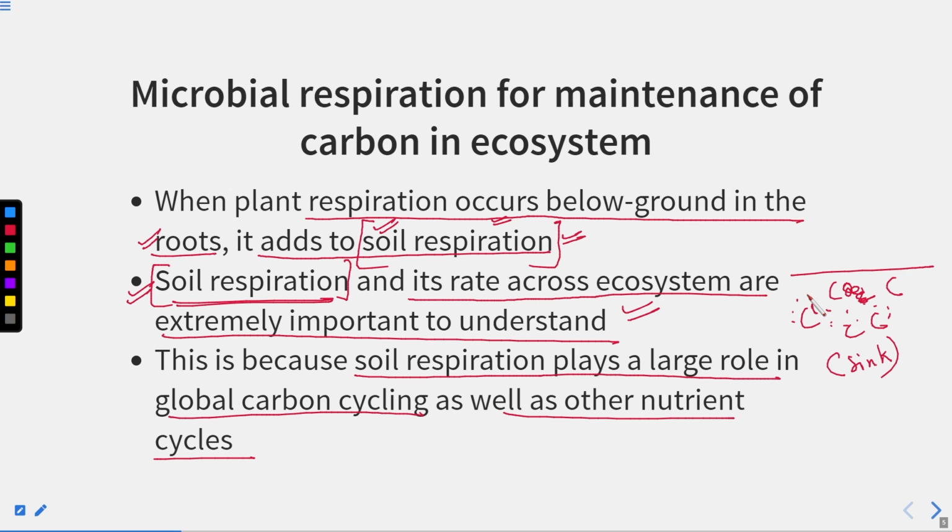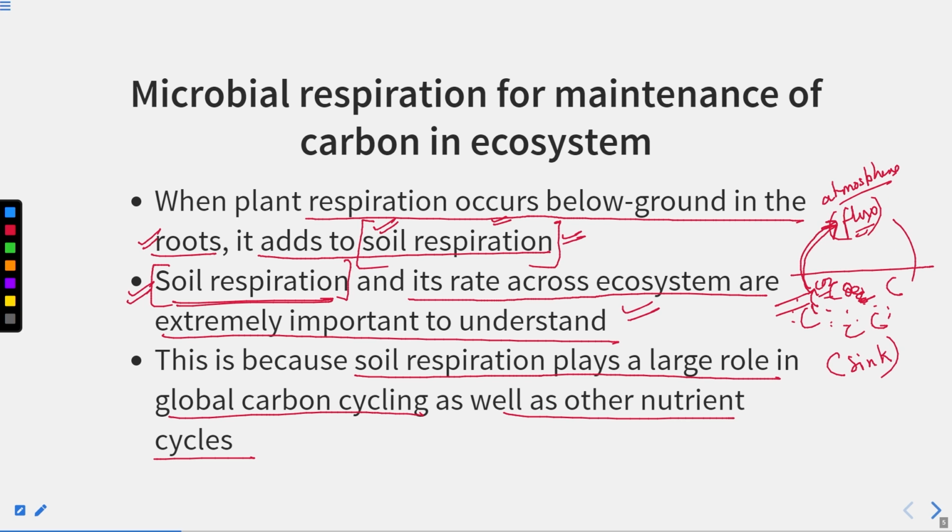Microorganisms take the dead and decaying matter present in the soil as food, and they do the process of respiration. They release carbon dioxide, which goes to the atmosphere. This is the flux, the movement of carbon from the sink to the atmosphere.